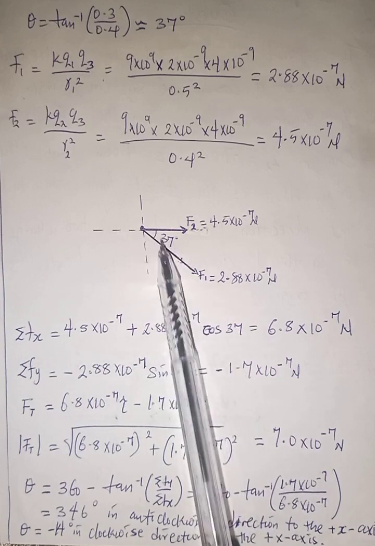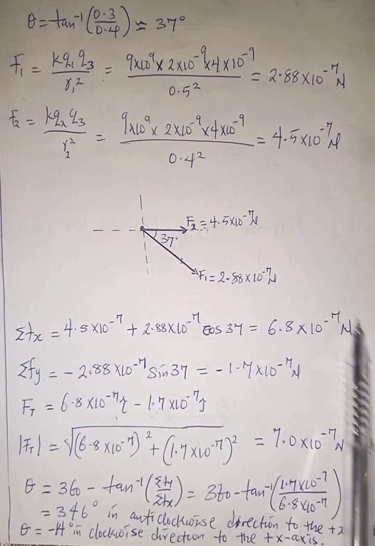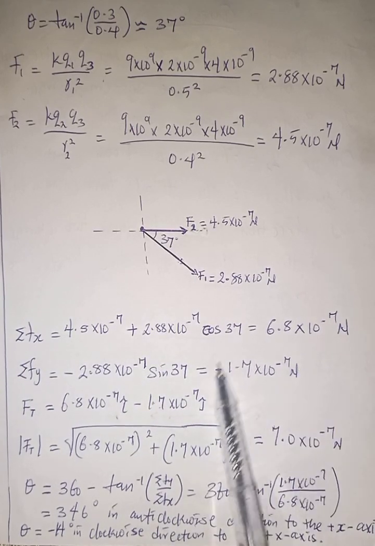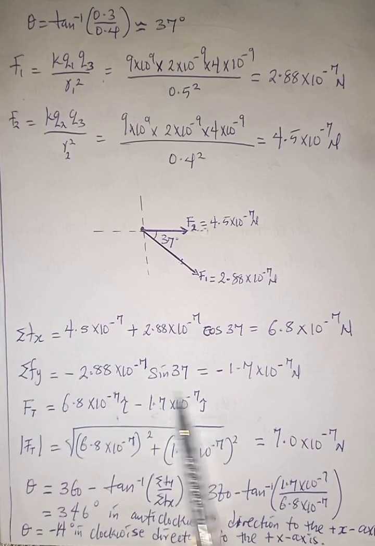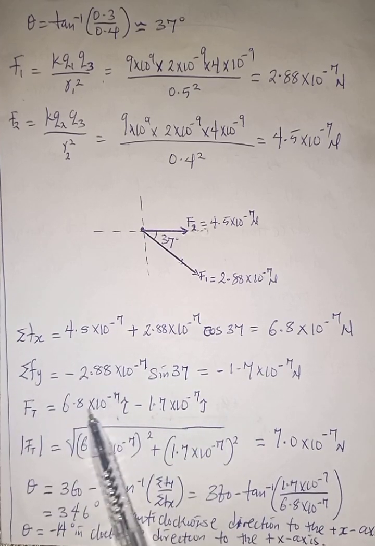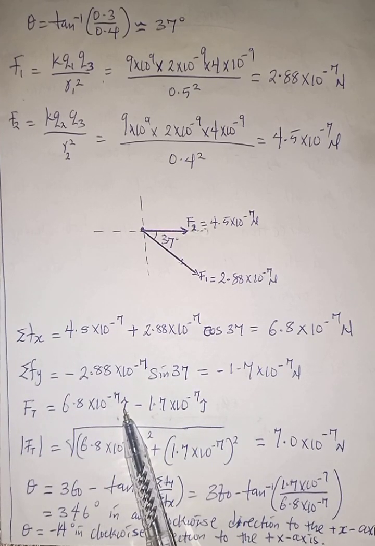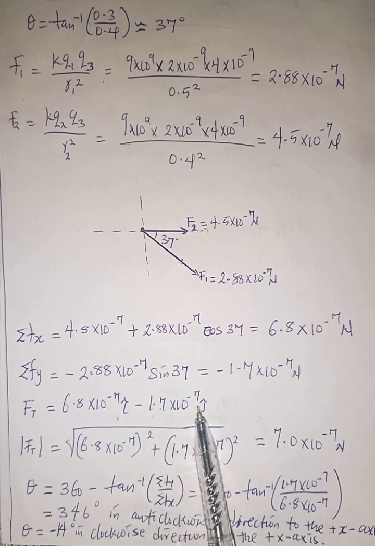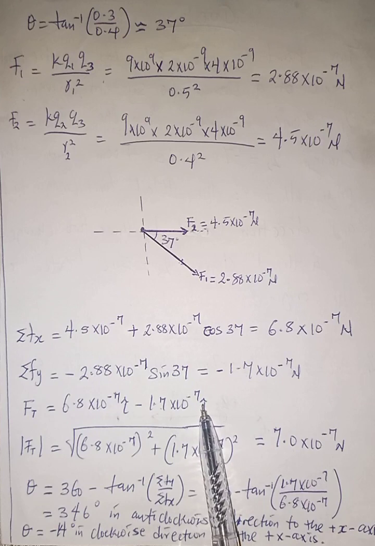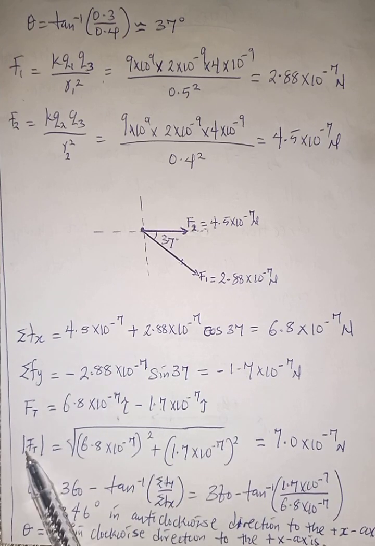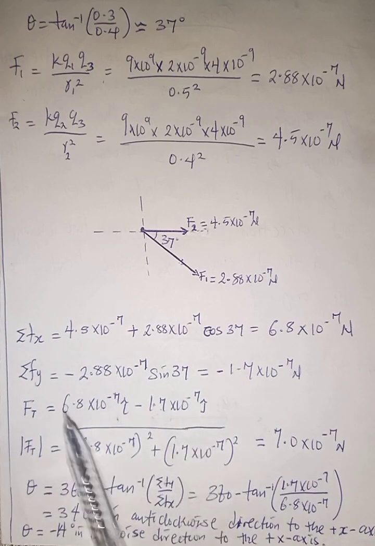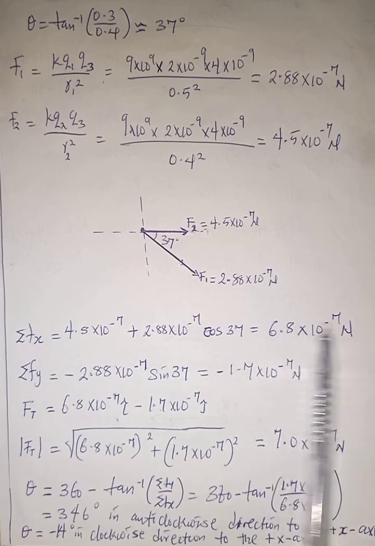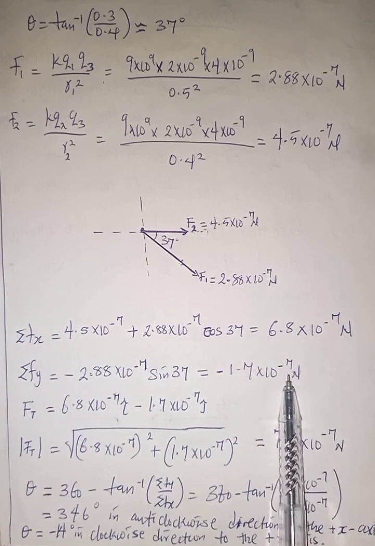The components of these two forces are this one to the x side and this one to the y side. That's why I'm writing it this way. So the total force is this one to the i side, where i means x side, and then this one, which is minus this, to the j side, where j means y side. Now the magnitude of this force is the square root of x side squared plus y side squared.